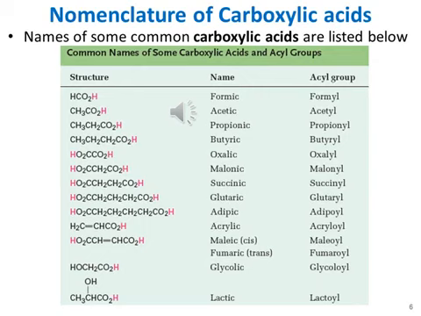The succinic acid is again a dioic acid, meaning it has 2 carboxylic acid functional groups. When succinic acid loses 2 protons, the resulting anion is called the succinyl anion. When glutaric acid loses 2 protons, the resulting dianion is called the glutaryl anion. And in the adipic acid, similarly, the resulting acyl group is called the adipoyl dianion.